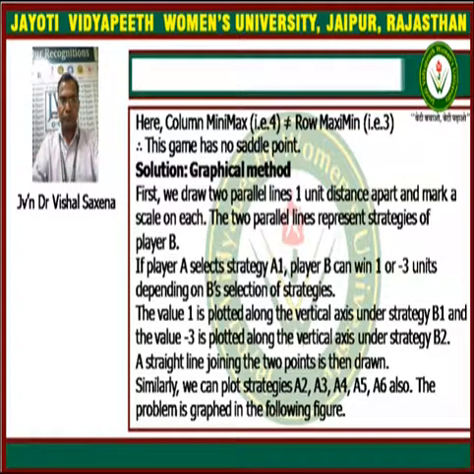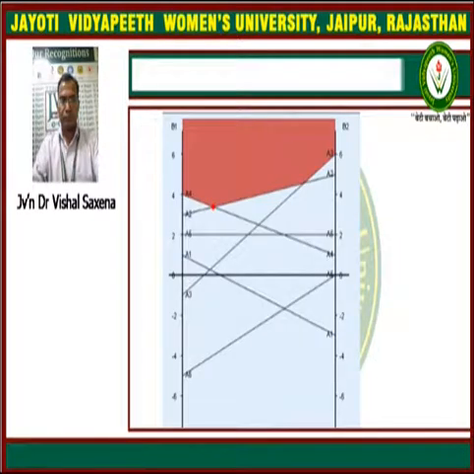Now how to solve by the graphical method? First we draw two parallel lines 1 unit distance apart and mark a scale on each. Now we start to solve the problem by the graphical method, and we have to understand the procedure. First of all we can see the figure here: the two parallel lines are drawn for B1 and B2.